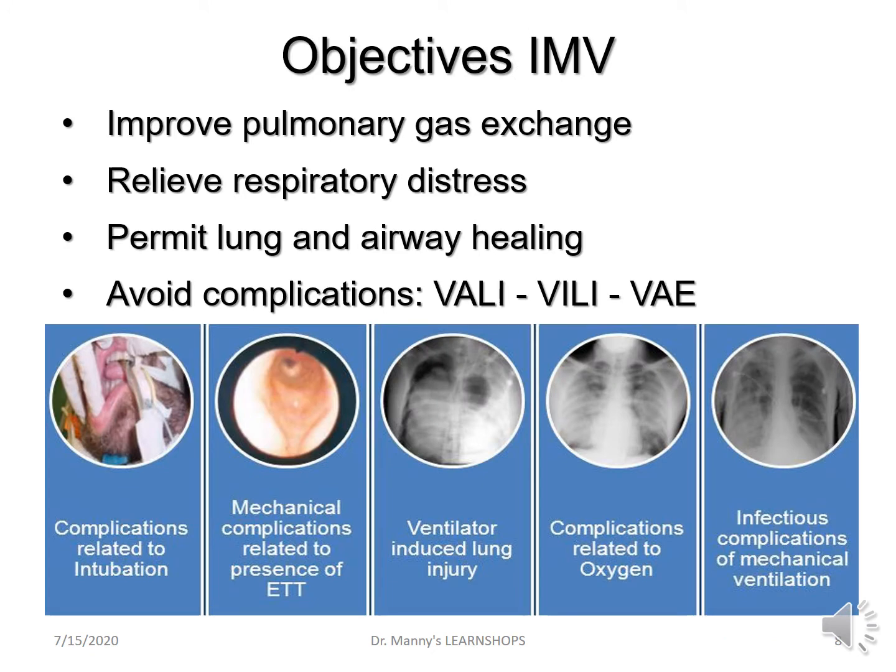What are the objectives of invasive mechanical ventilation? Well, the objectives are primarily to improve pulmonary gas exchange, relieve respiratory distress, permit lung and airway healing, and avoid complications associated with ventilator-associated lung injury, ventilator-induced lung injury, and ventilator-associated events.